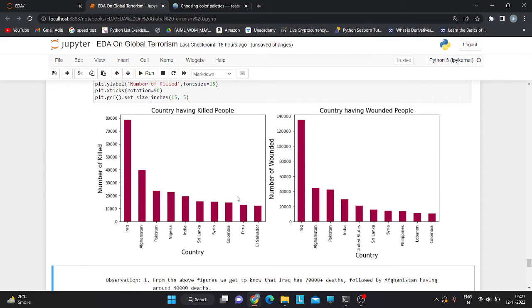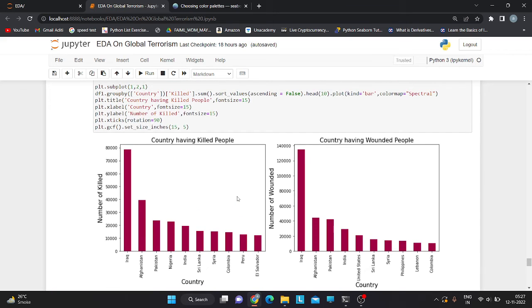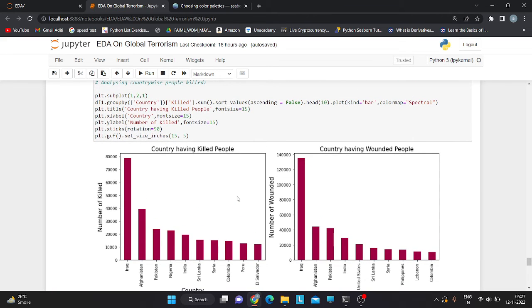After running this cell, we get country having killed people, country having wounded people. So Iraq tops the list, followed by Afghanistan, Pakistan, Nigeria. Again coming back to wounded people country wise, Iraq, Afghanistan, Pakistan, India. So again, as we could see, killed people and wounded people are the same in all the countries.